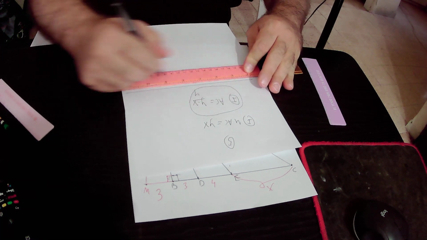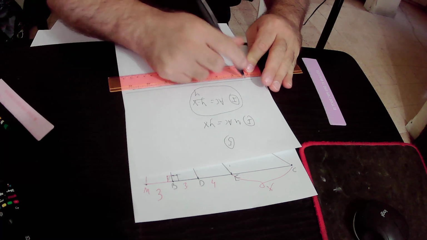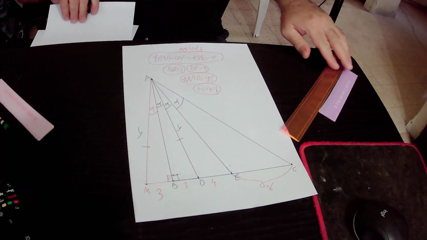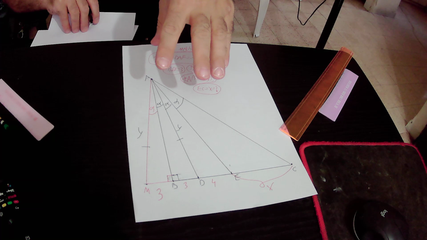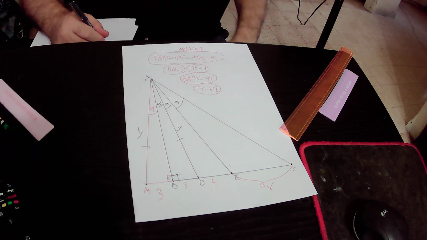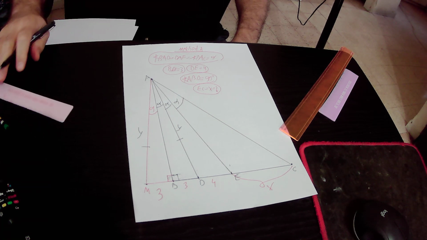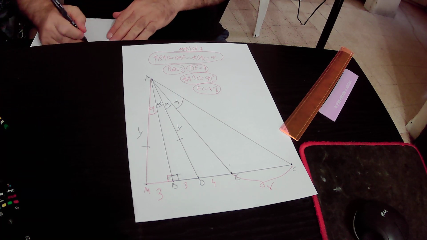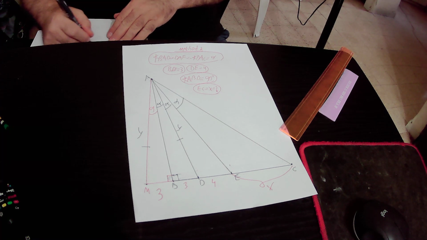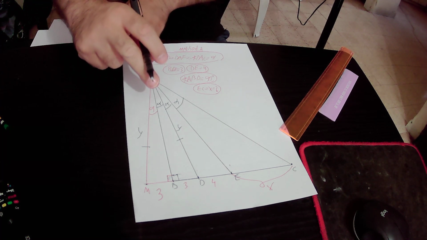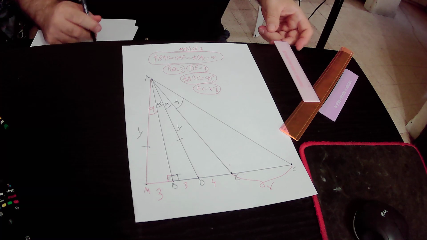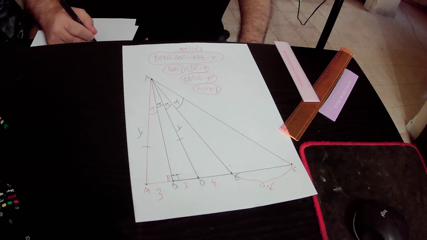So in the next step, we will focus on the big triangle, triangle AMC. On the big triangle, triangle AMC, actually AD is angle bisector in triangle AMC.